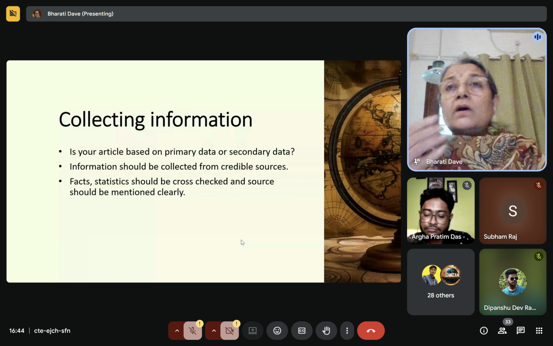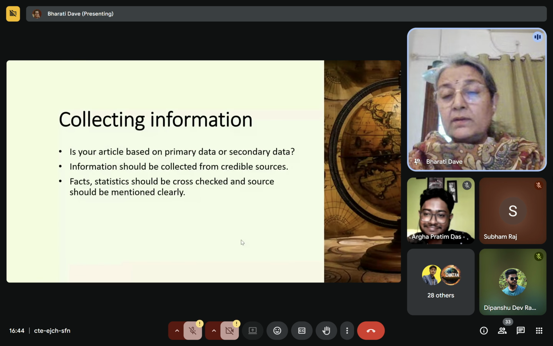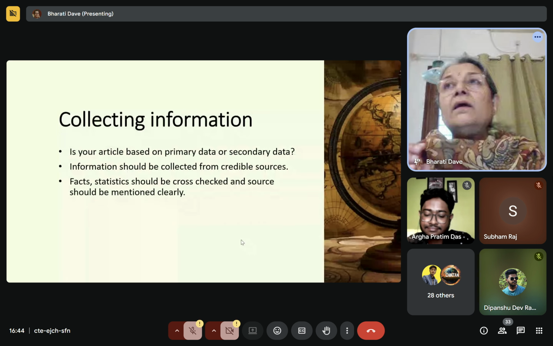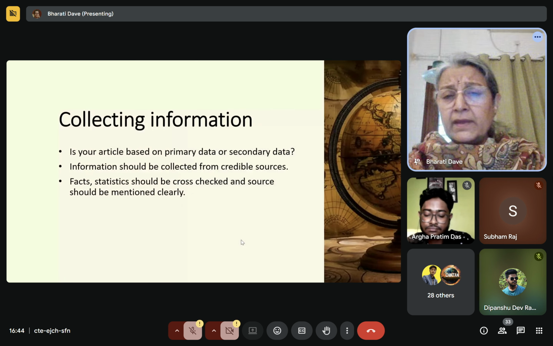Right? Now, what I've seen, Bhuchintan, as I said, I only saw one. Basically, it's based on secondary data. Primary data is a lot more effort, but it cannot be done.